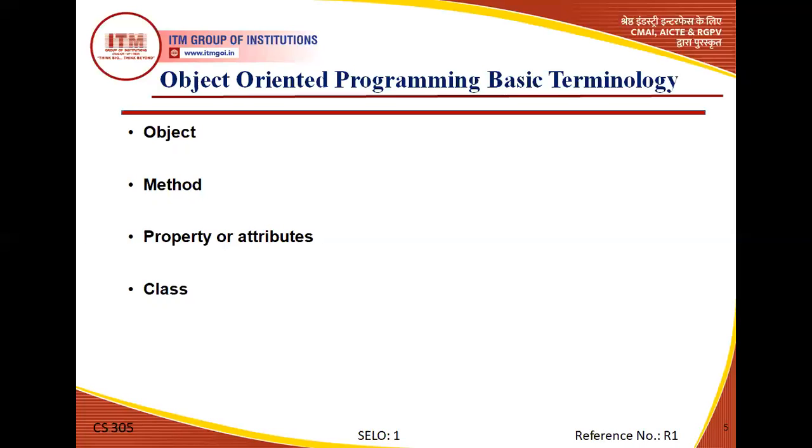Now the second one is method. Method means a perspective or designing terminology by which we'll follow the term object oriented. Next, we'll follow the property, or we can say attributes. These properties or attributes come from the class. Property or attributes means the number of data members or what kind of member functions we'll use.